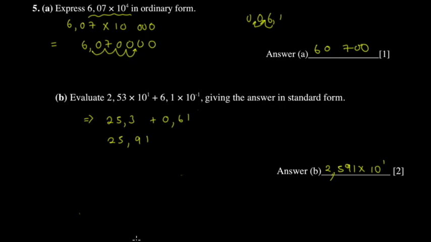Now in order to adjust, the adjustment would be 2.591 times 10 to the power something. You have shifted the comma to the left, so this number is smaller now than what it was, so we have to raise the power by the number of shifts in the comma. The shift would be 1 here, so that's why it'd be like this.